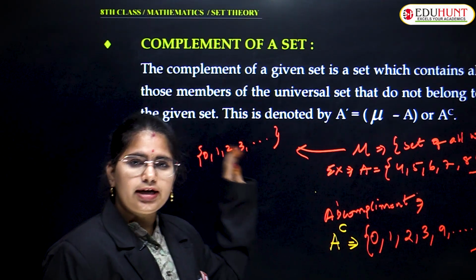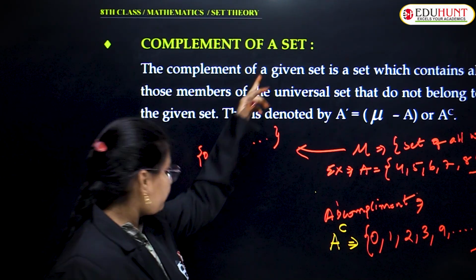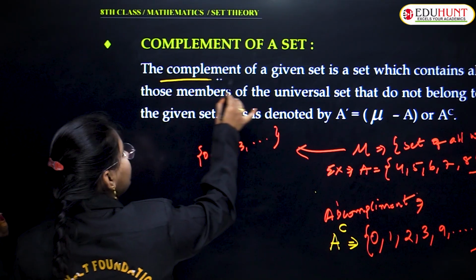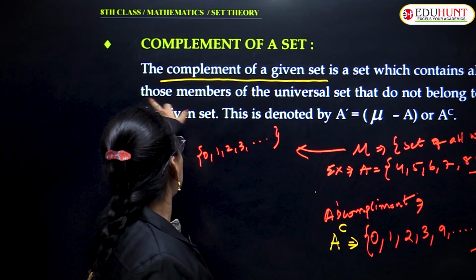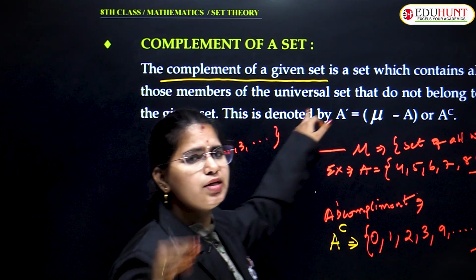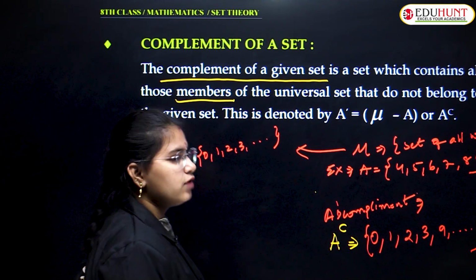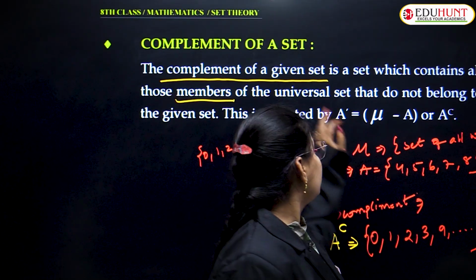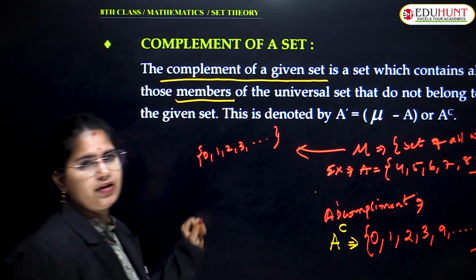Okay. So let us now read the definition. The complement of any given set is defined as the set which contains all the elements or members of the universal set that do not belong to the given set.